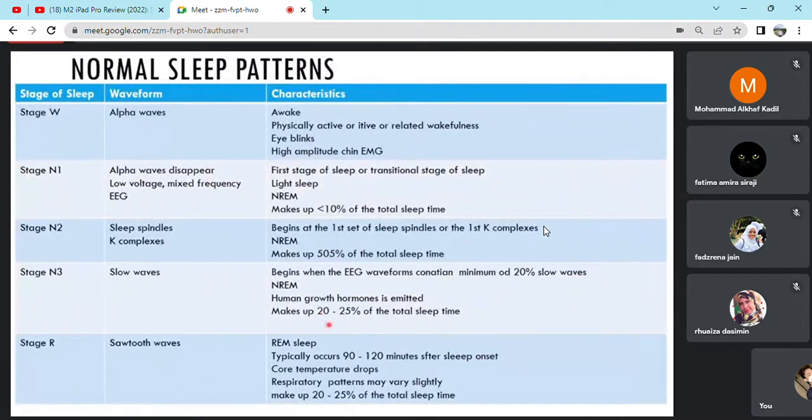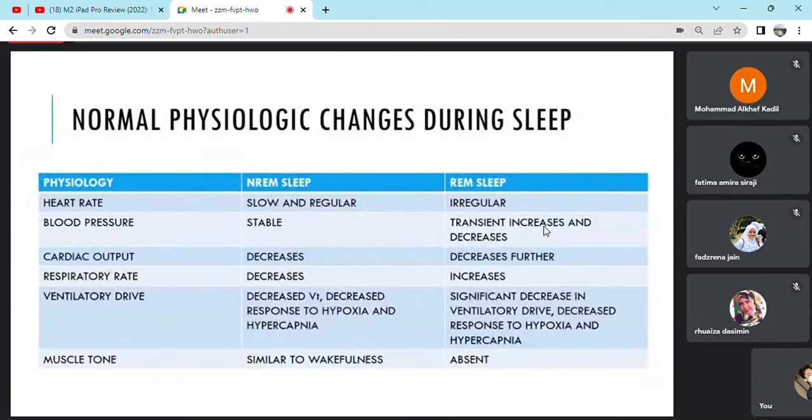It's usually in your REM sleep that you see core temperature drops and changes in your respiratory patterns, and usually your waveforms are so fast. That may also explain why your heart rate will become irregular during this time of sleep. When you get your blood pressure, usually in NREM sleep, your blood pressure is stable.